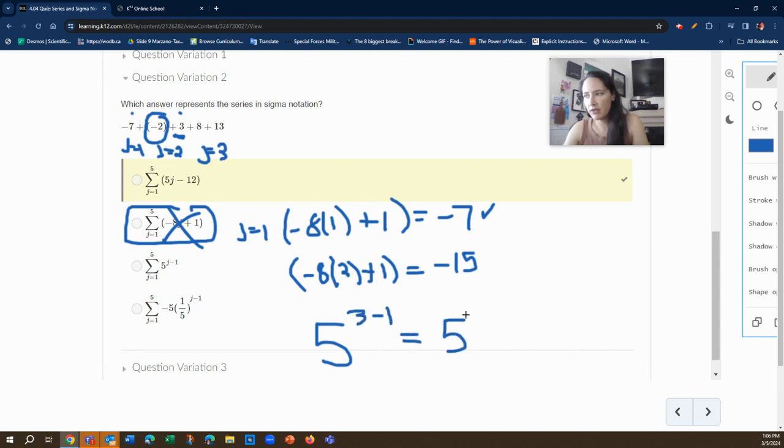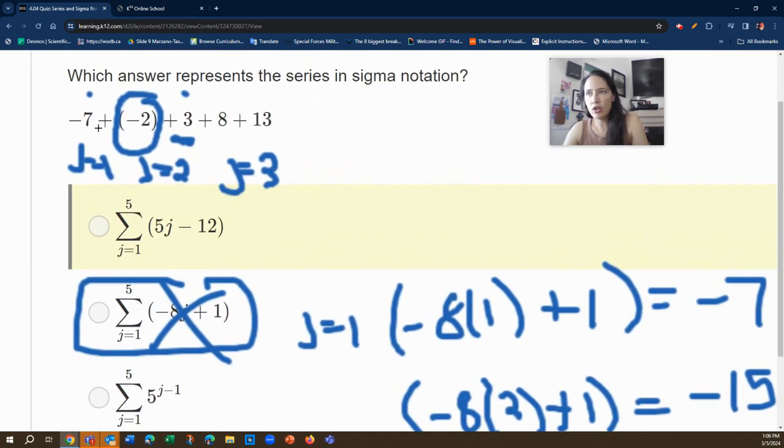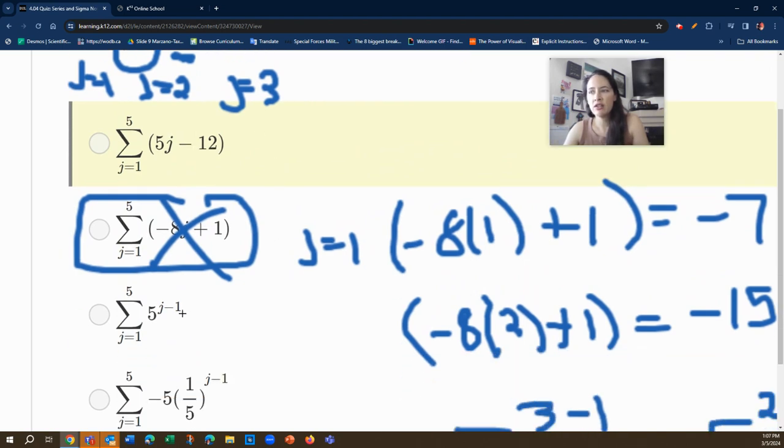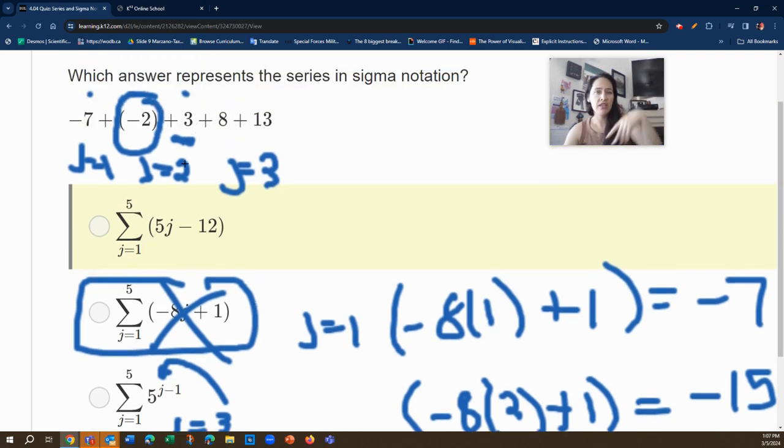That's 5 squared. That's 25. No. So these are the terms J equals 1, J equals 2, J equals 3. So now to kind of check them, I just picked J equals 3, substituted that in, and I got 25, which is not 3, so no.